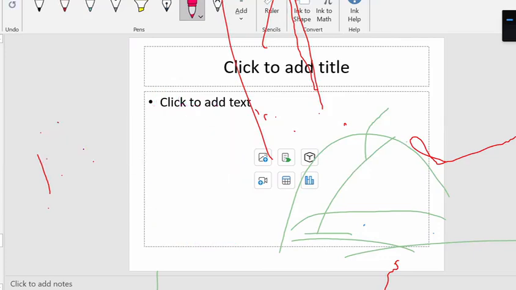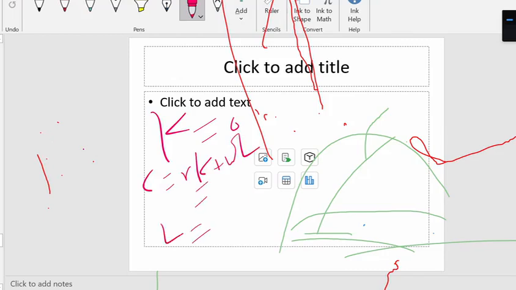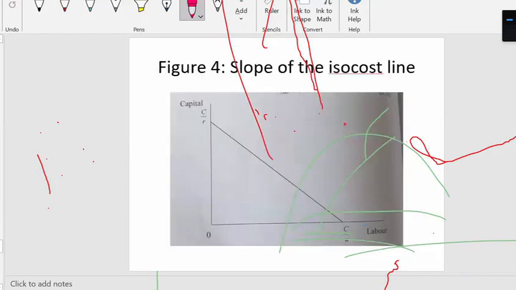Likewise, even if I say K is 0. From C equals RK plus WL, the K term disappears. So my L will be what? C divided by what? By W. That's why I'm showing this curve.